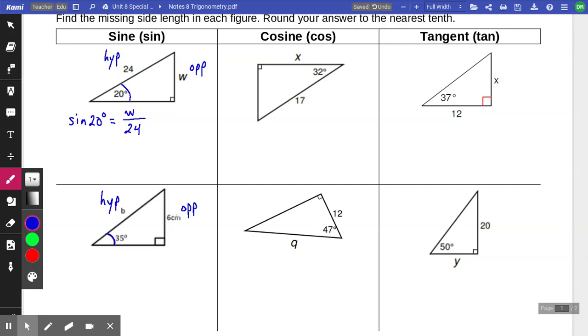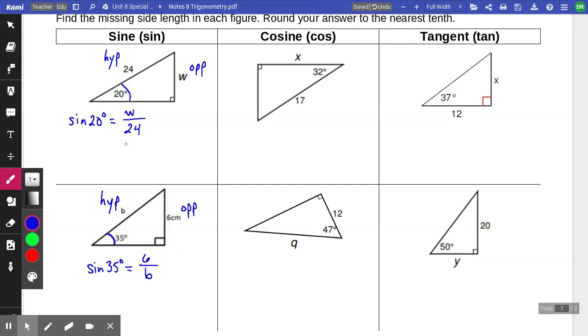And so once again, because we're referring to the opposite leg and the hypotenuse, this is the ratio for sine. So we say sine of 35 degrees equals opposite, which is 6, over hypotenuse, which is B.